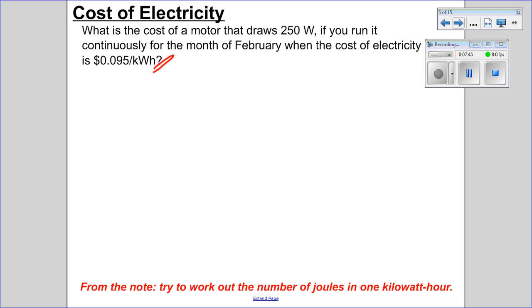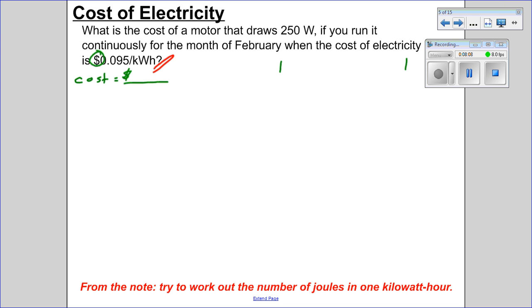What is the cost? So I'm just going to write the word cost, and it's going to be something dollars, presumably, because we're given the number in dollars. We might as well use dollars as our final unit. That's one less conversion to do. The diagram, well, you could maybe do a timeline for this, right?